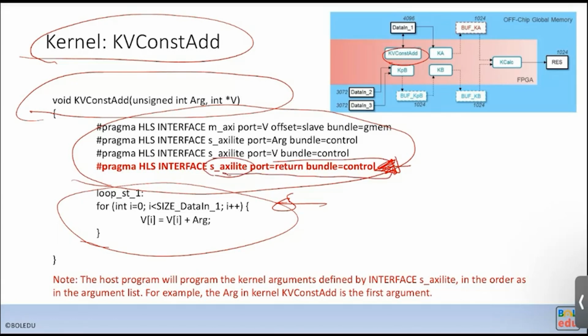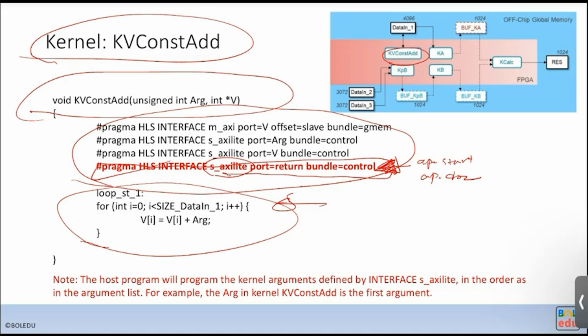This one provides proper control signals like ap_start or ap_done. If you develop a kernel function that doesn't need to communicate with the host or is not controlled by the host, then you don't need this.